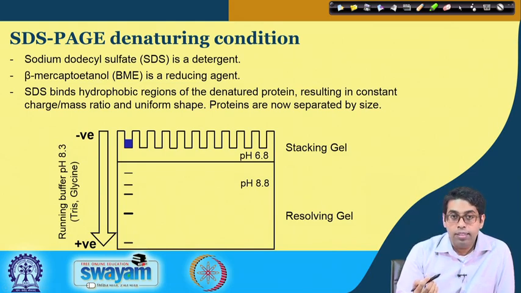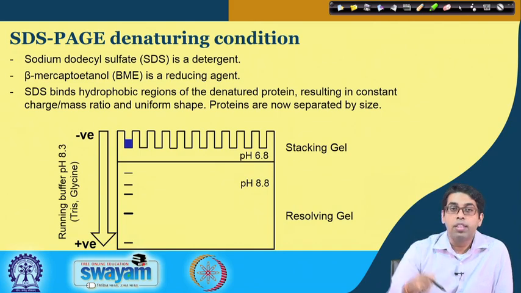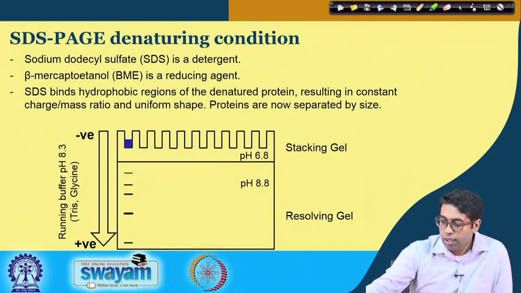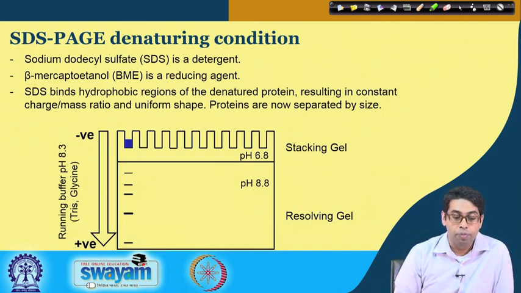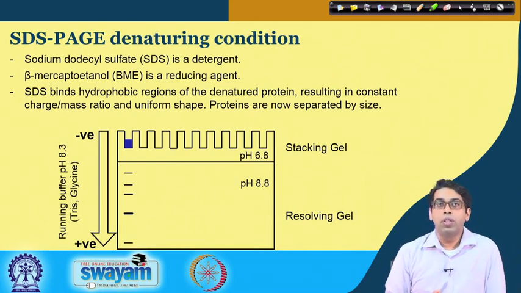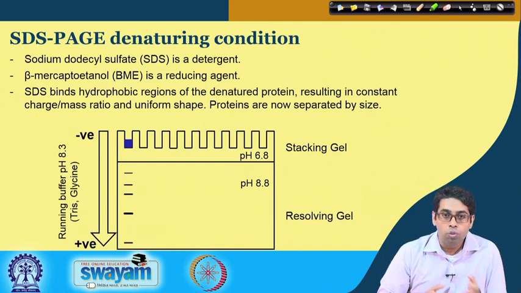Once it binds this denatured protein, the complete protein is now coated with a negatively charged molecule, because SDS is a detergent which has a long hydrophobic chain and a negative ion. So, it does not matter whether a protein has a low pI or a high pI.